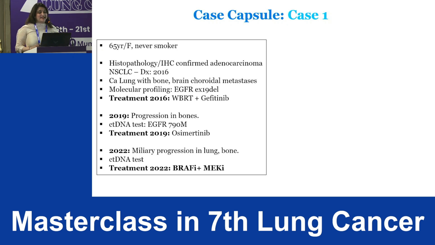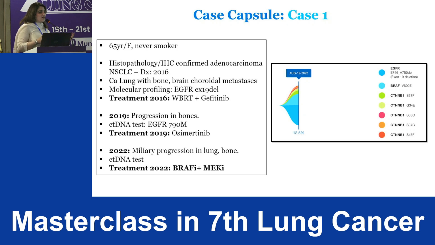So we did ctDNA, and here we used ddPCR. We found an EGFR T790M mutation. She was started on osimertinib. She eventually did have progression. Again, we did ctDNA testing, and we found a BRAF mutation, so she had lost the original driver EGFR and had acquired a BRAF mutation.